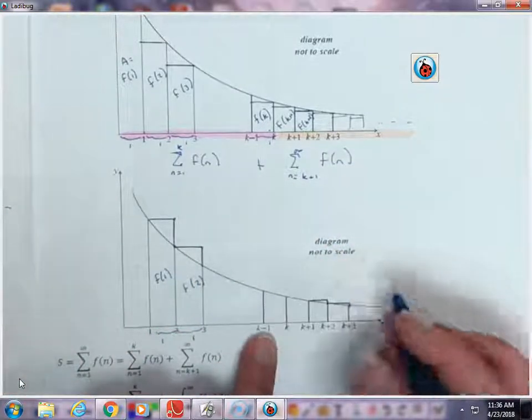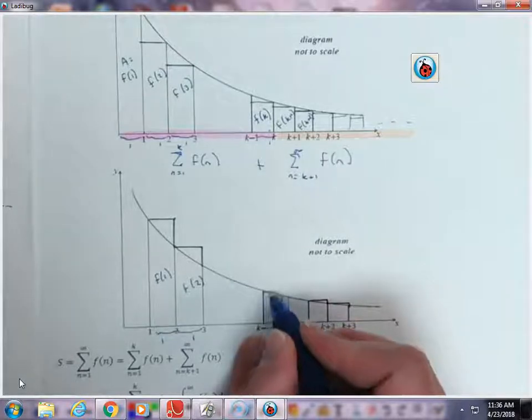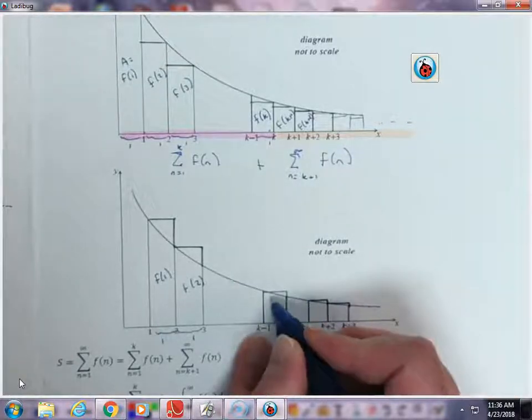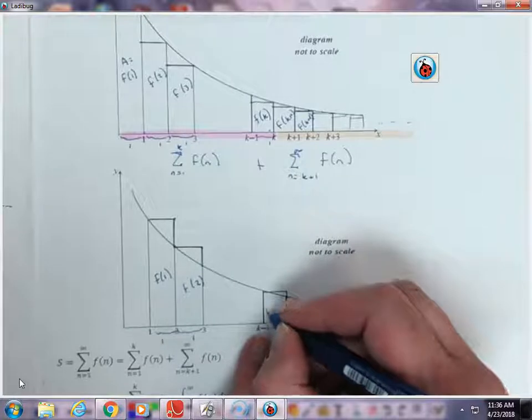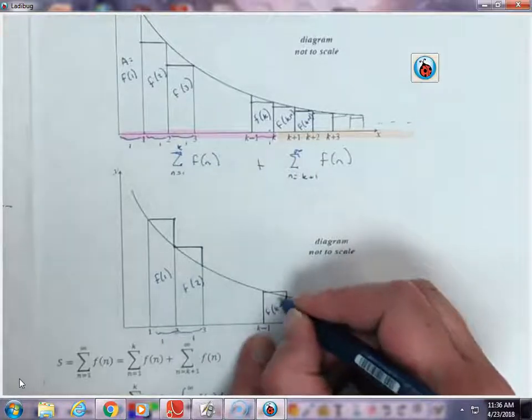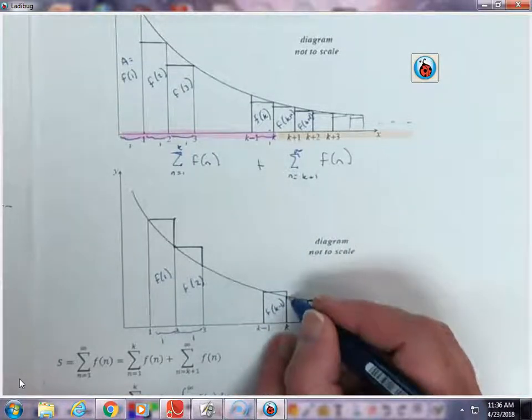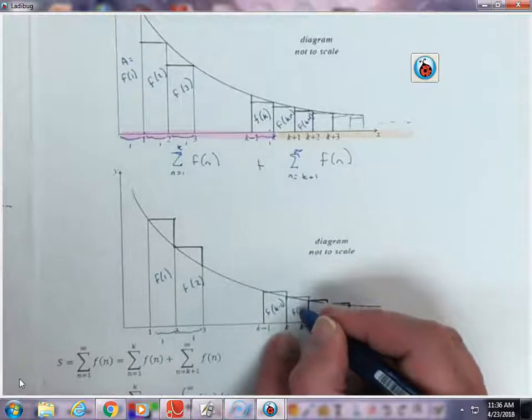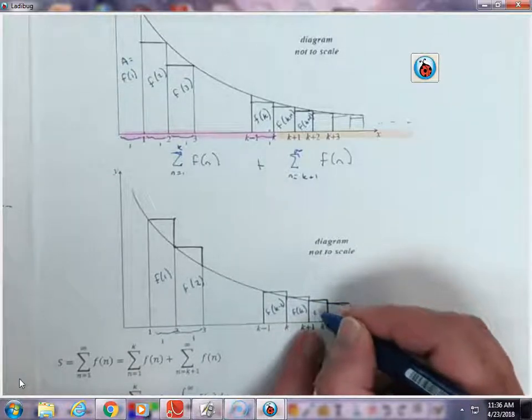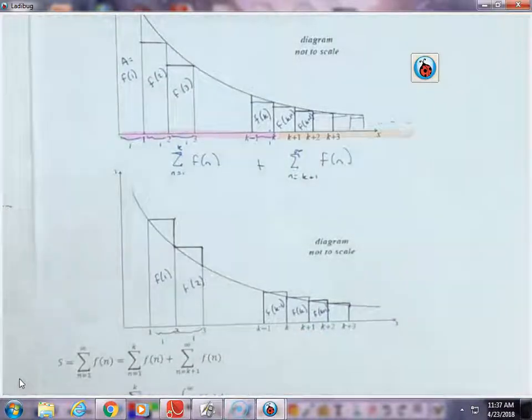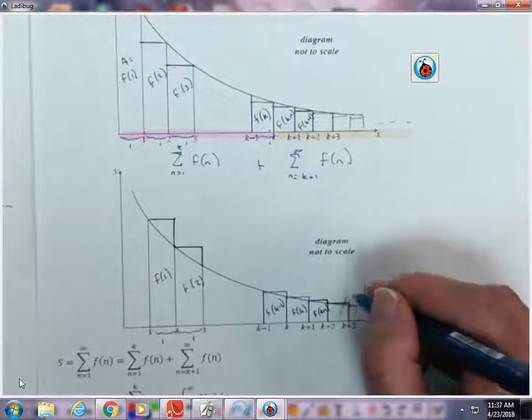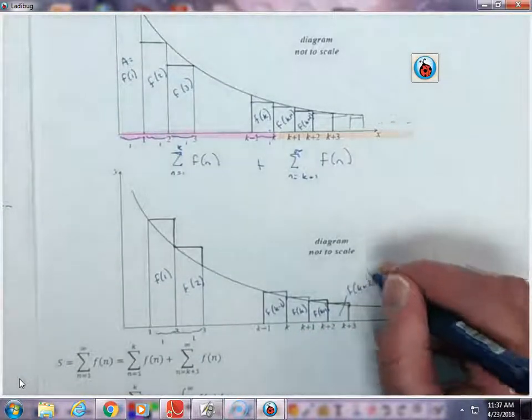If we look at this one, which we don't have drawn in, with the rectangles being above, this would be f of k minus 1. Then this little guy would be f of k, this one f of k plus 1, and this one f of k plus 2, and so on.